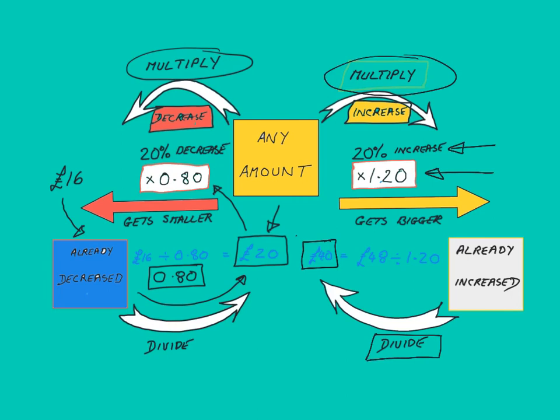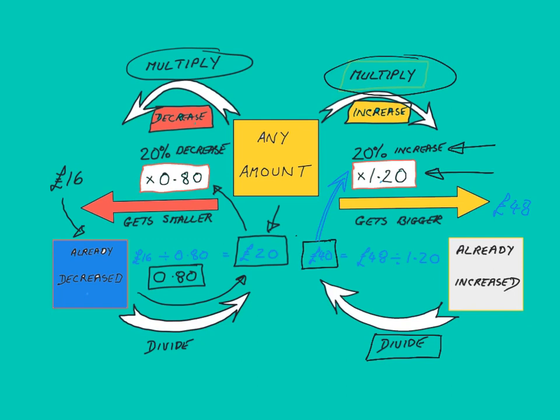So if we go through this cycle again, if we have something that was originally £40 and we increase it by 20%, we will multiply by 1.2, which will produce £48.